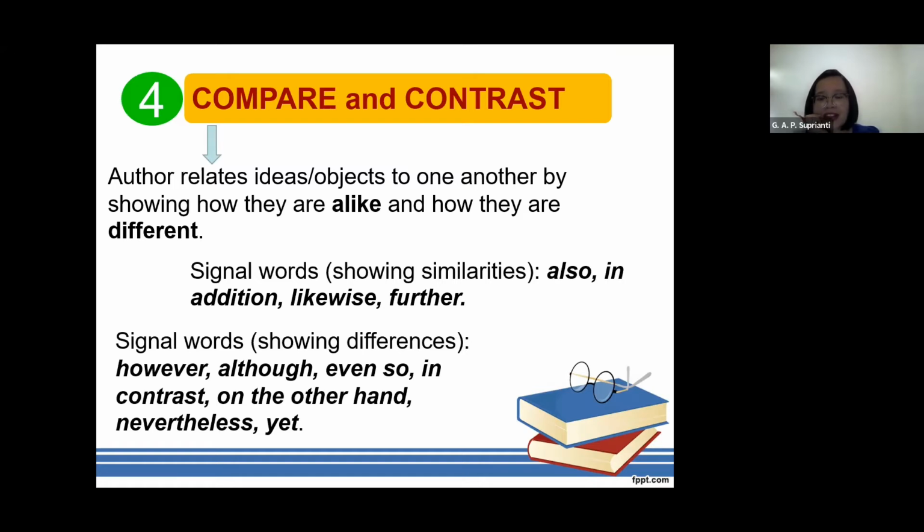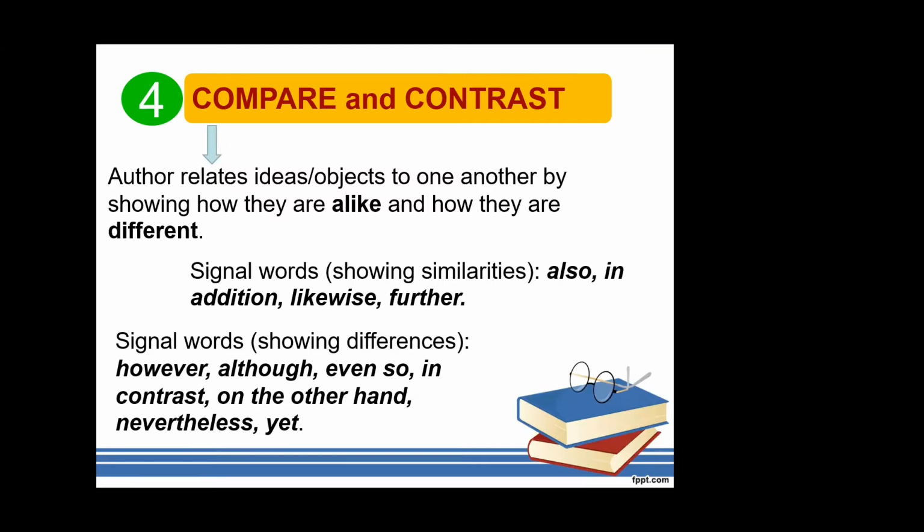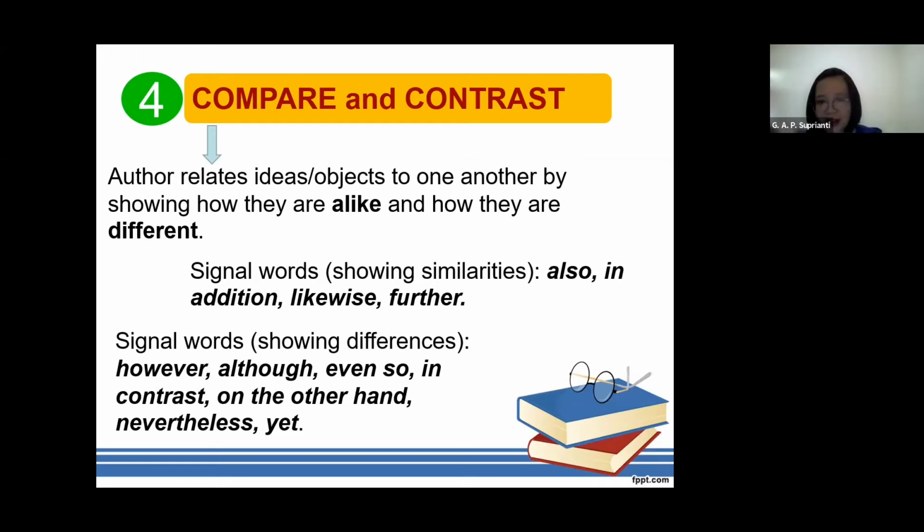Compare and contrast is about similarities and differences. When you talk about similarities, you use compare or contrast? Compare, Miss. Yes. When we talk about similarities, we compare. Okay, otherwise, when we talk about differences, we use contrast.